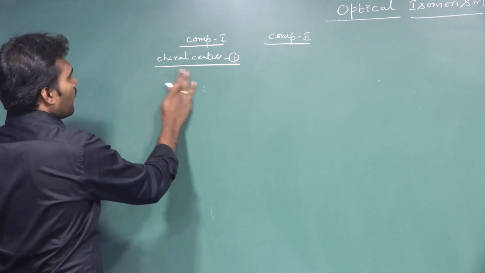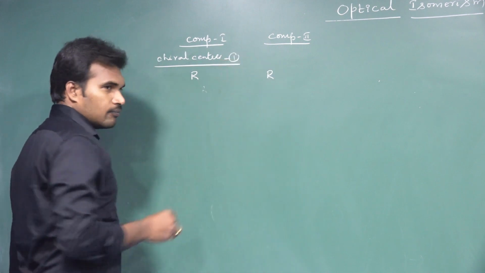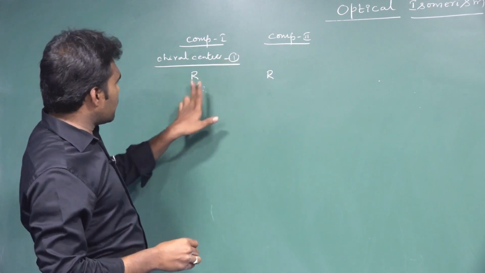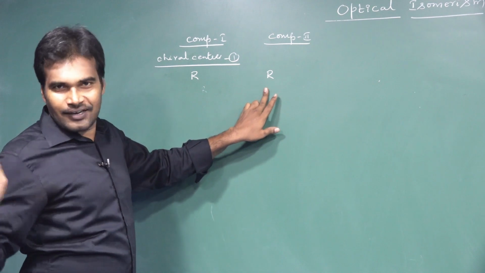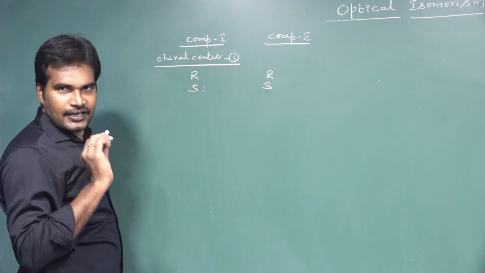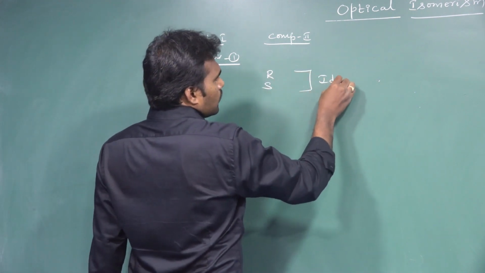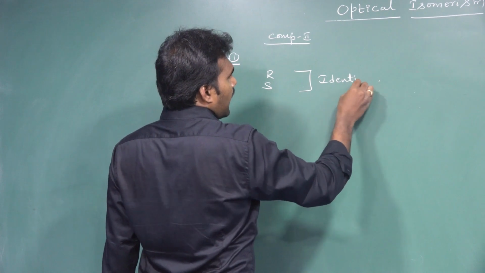The first compound has R, and the second compound also has R. Two compounds having the same configuration we call identical. Similarly, S and S are identical.